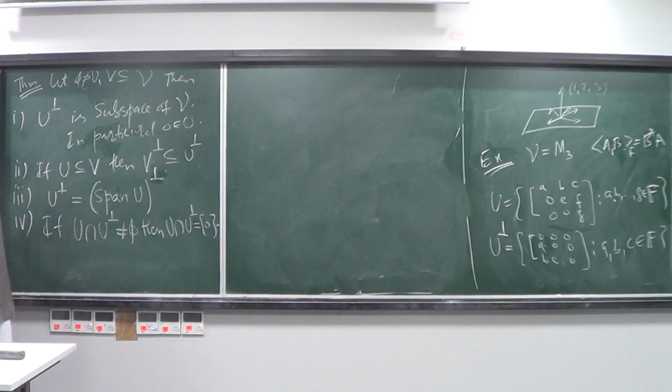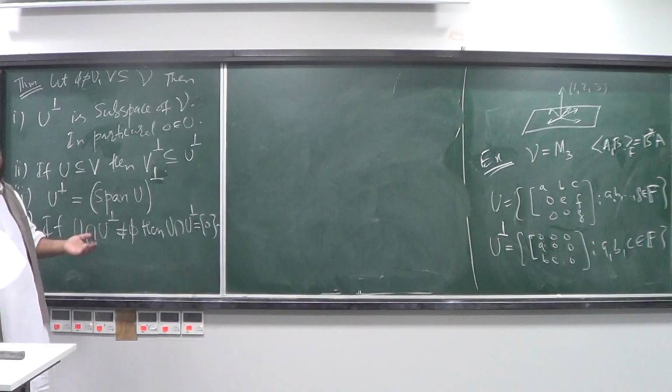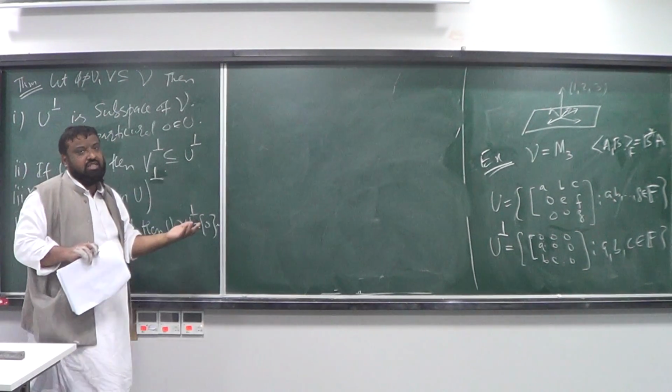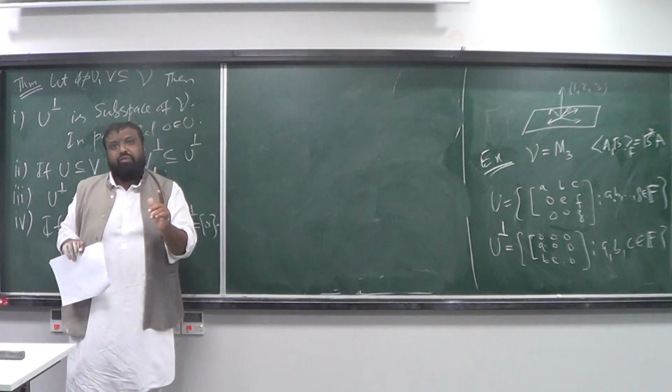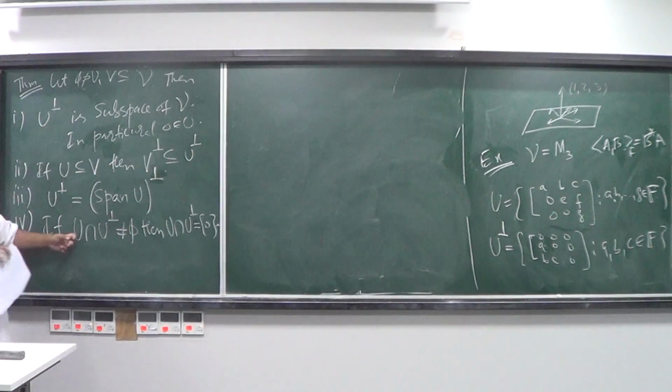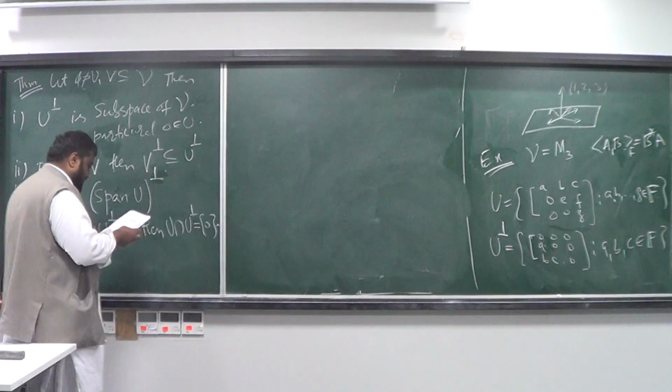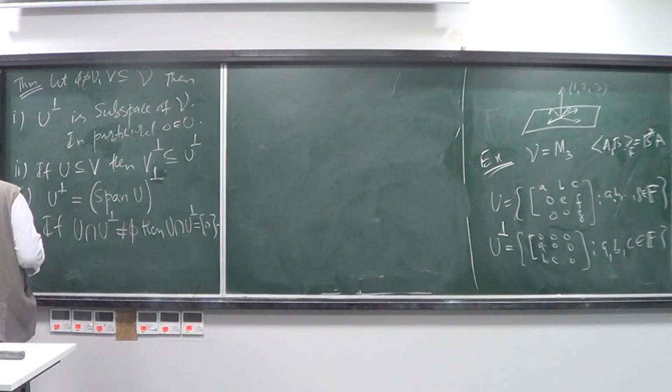U and U perp do not necessarily intersect, because U can be a subset, not necessarily a subspace. But if U intersects with U perp, the only element that their intersection contains is 0. This is another interesting thing.